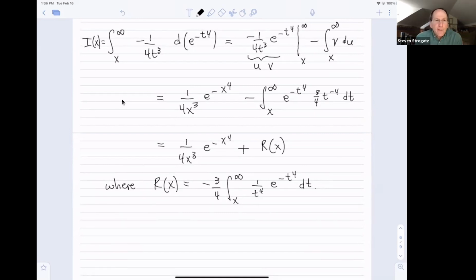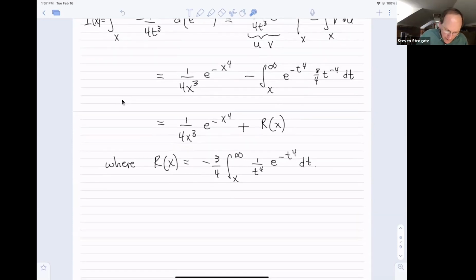All right, so we've just written our I of x in terms of this, what we hope is the main contribution, this term, plus a term that we hope is asymptotically smaller. And that's, if integration by parts is working, this is what we've accomplished. That we have now generated a very tiny remainder.